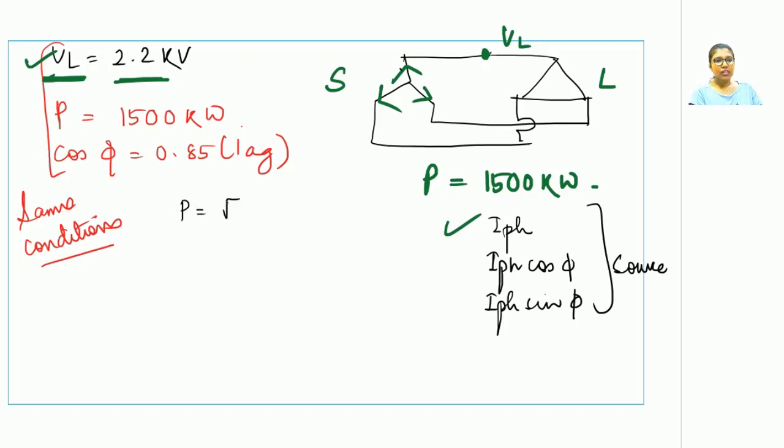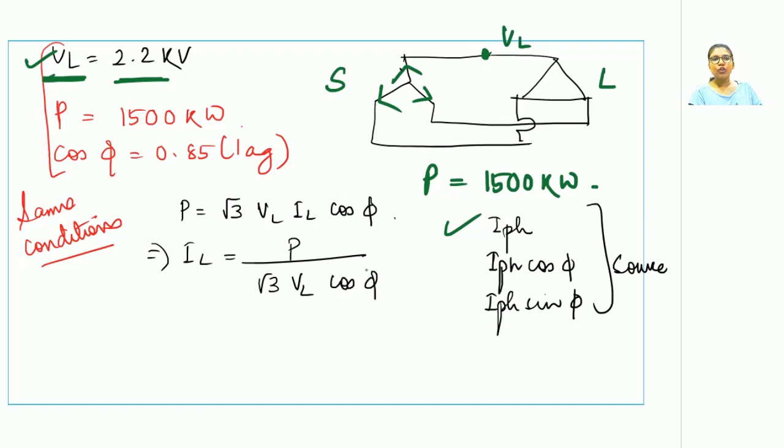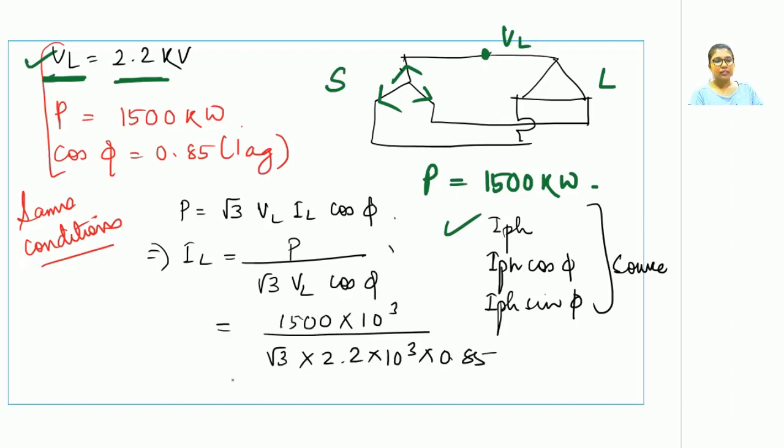So P is given as √3 times VL IL cos phi. The IL will come out to be the same that we have obtained for the load, which had come out to be 463.12 amps.